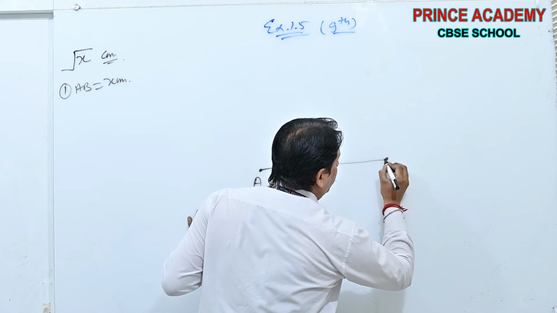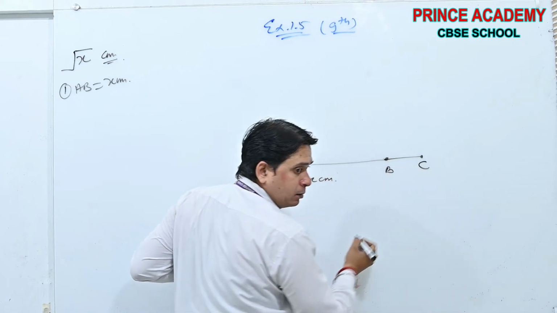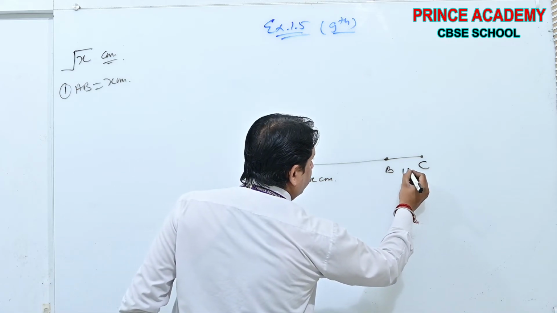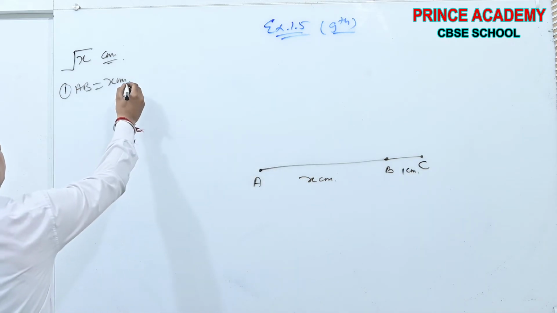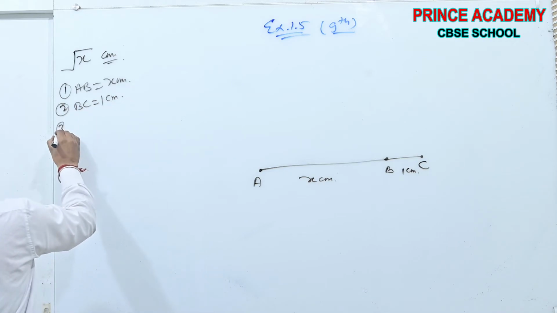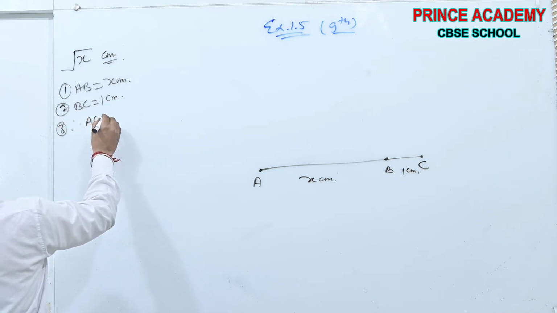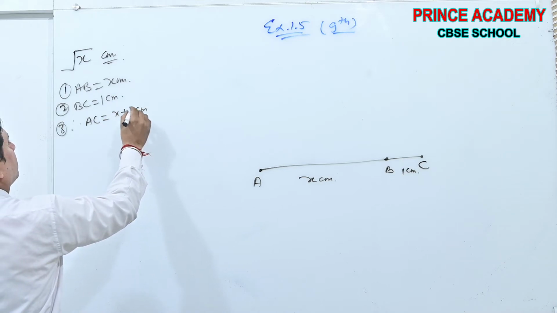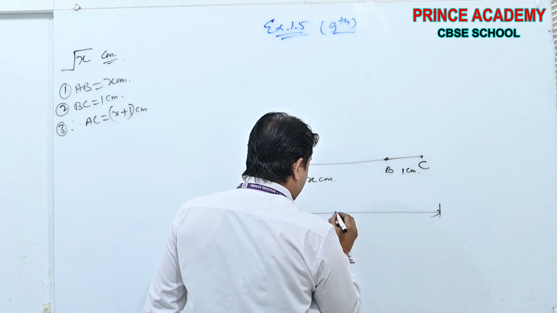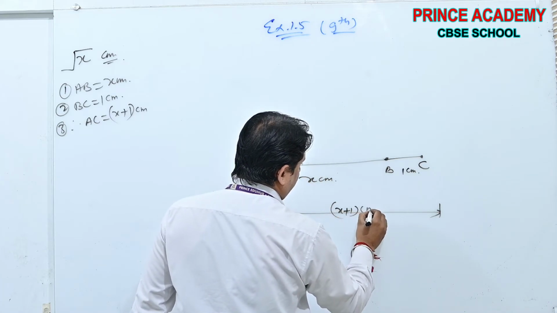Add 1 centimeter to it. Number 2, BC is 1 centimeter. Number 3, therefore, AC is x plus 1 centimeters. Yes or no? This whole is x plus 1 centimeters.